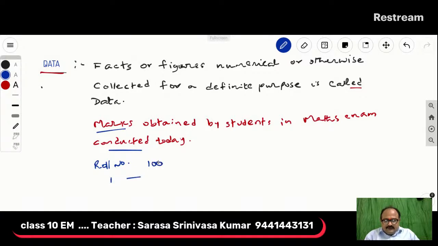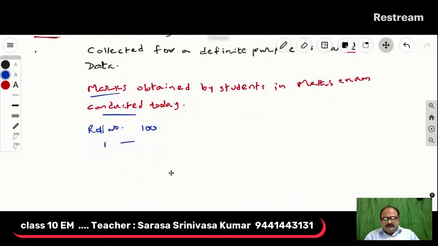Suppose I conducted an examination for 100 marks. Roll number one got 75 marks. Student number two got 80 marks. Student number three, 55. Student number four, 60. Student number five, 70.